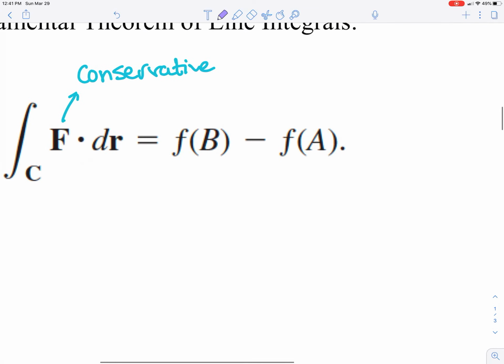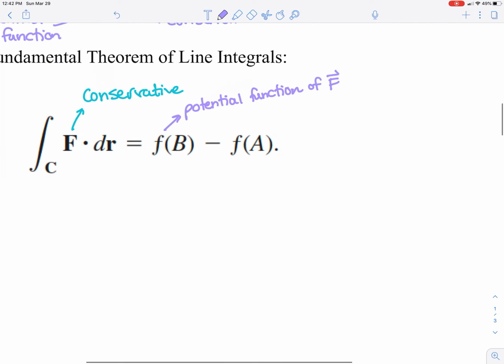So this little f is the potential function.